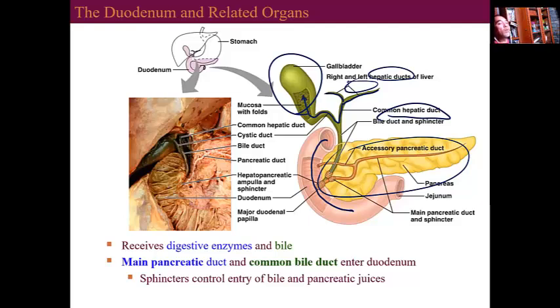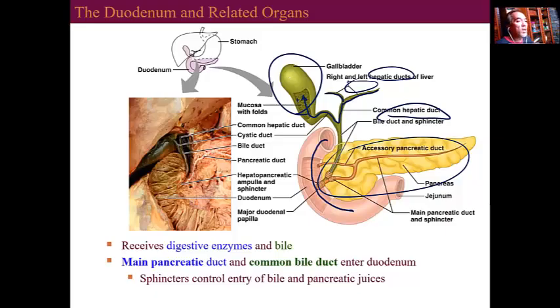Now, what allows the bile to be secreted? When your duodenum receives fats and nutrients that are being absorbed, it produces a hormone called cholecystokinin. But remember, that's physiology. We're doing anatomy. That hormone will then tell the gallbladder to squeeze the bile out.